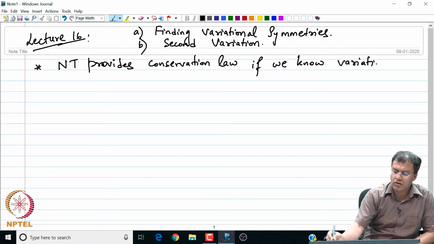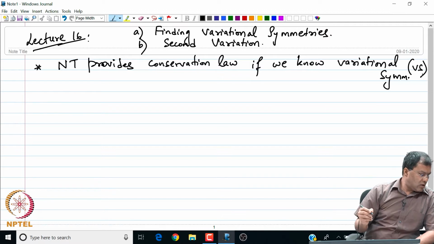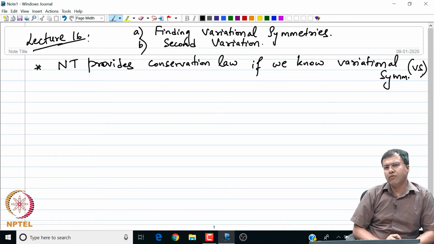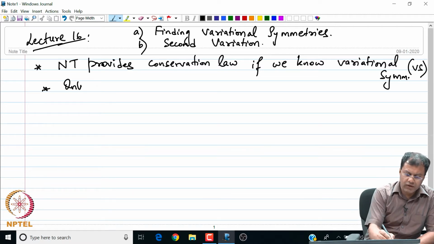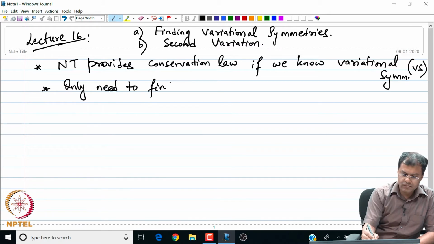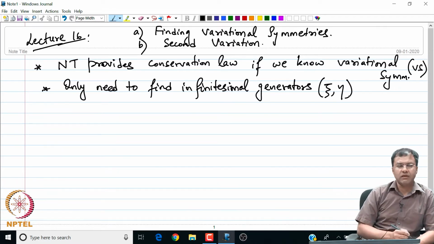So the key is to find these variational symmetries, let me denote it by Vs. In other words, all we need to find are the infinitesimal generators of these transformations, zeta comma eta, that we saw in our previous lecture.